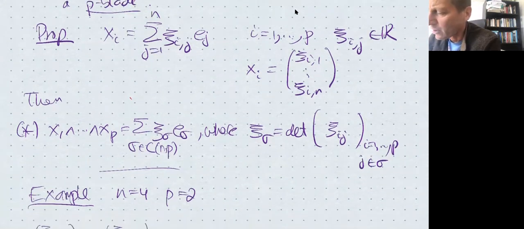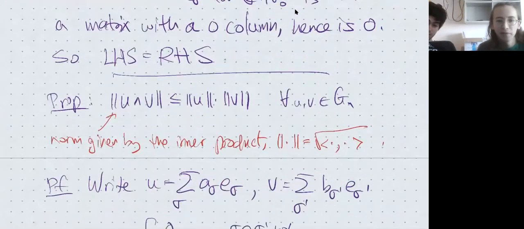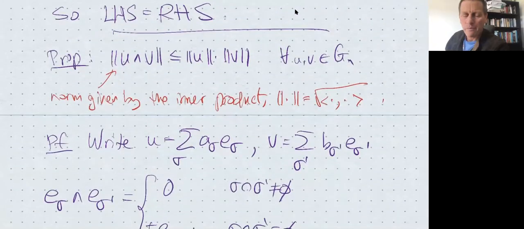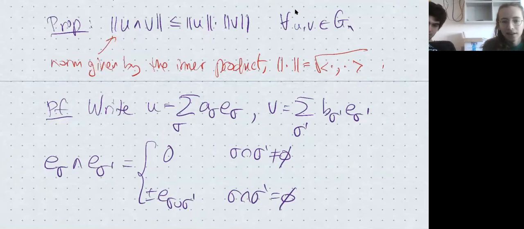No, the proof that the norm of U wedge V is at most the product of the norms of U and V. Right. Yes. So you write that U wedge V is the sum of plus or minus A sigma B sigma tag, E of the union of sigma and sigma tag. But couldn't two different things come, like you can write something as the union of sigma and sigma tag in a few different ways.